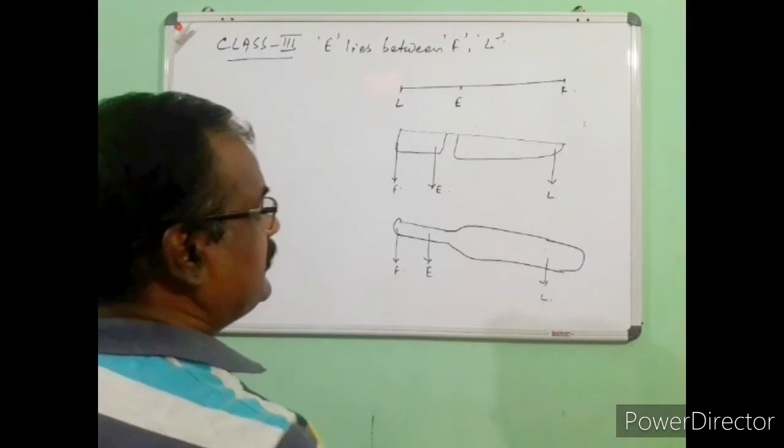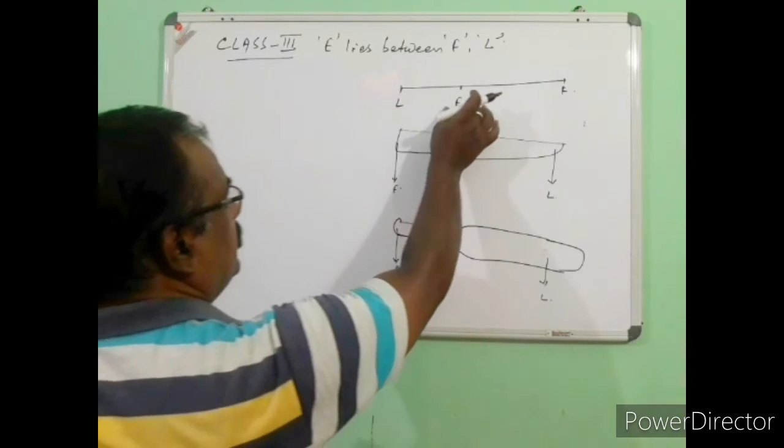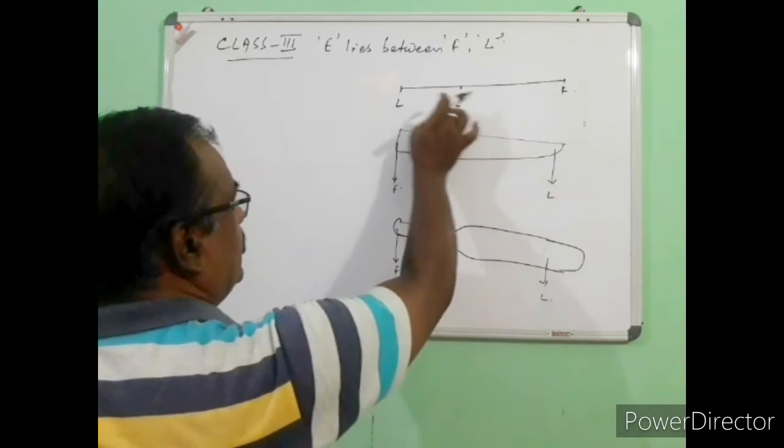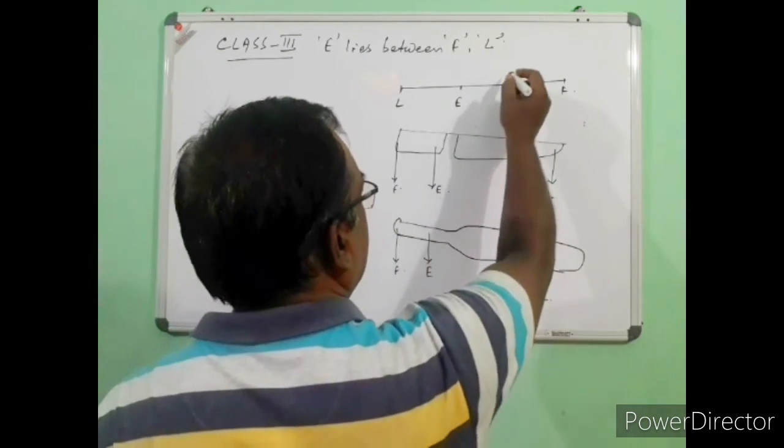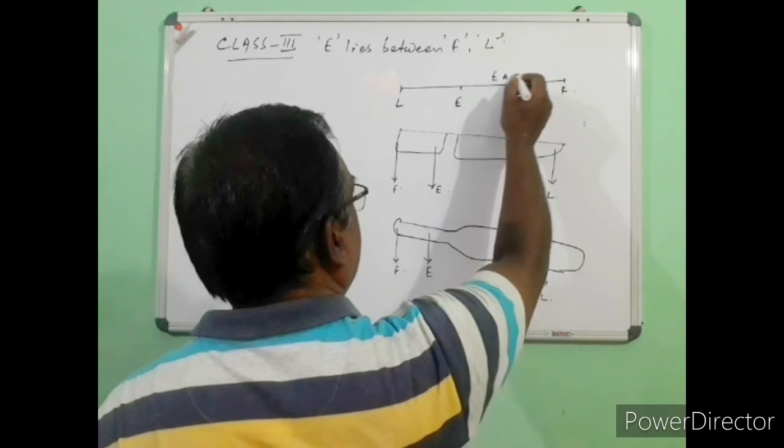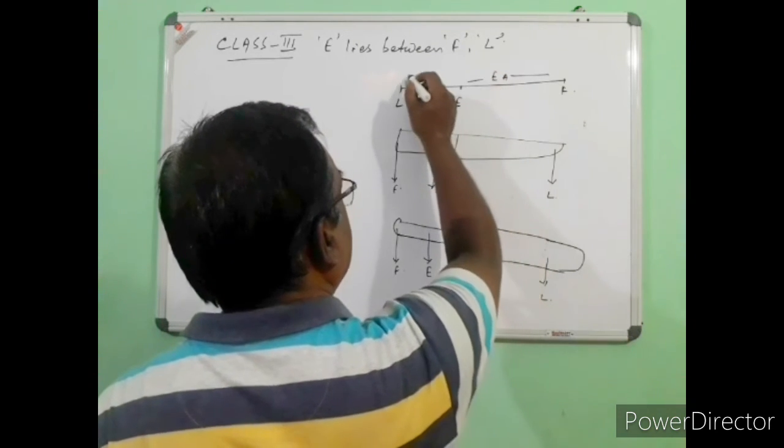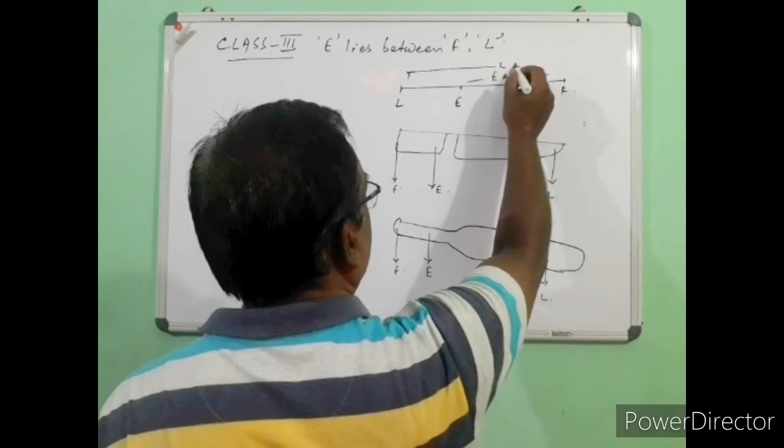Now in such cases, if we change the effort point somewhere else between this fulcrum and load, wherever we change, we may find this is your effort arm, and this entire length is your load arm.